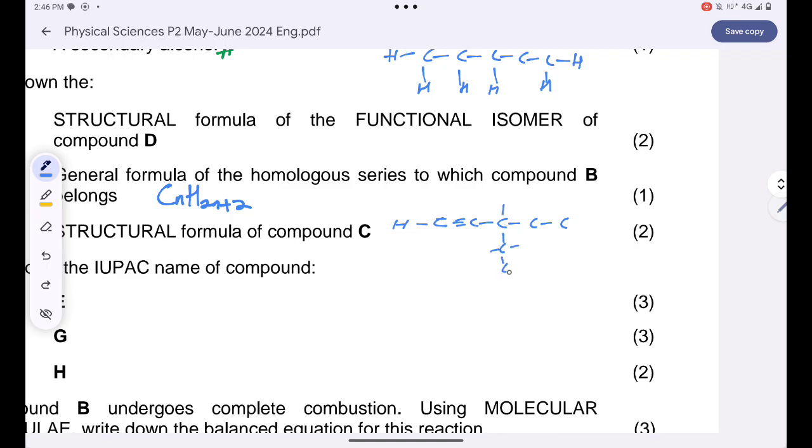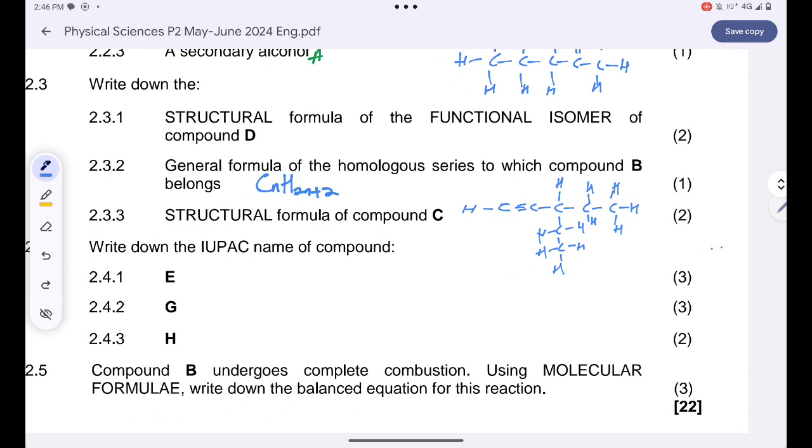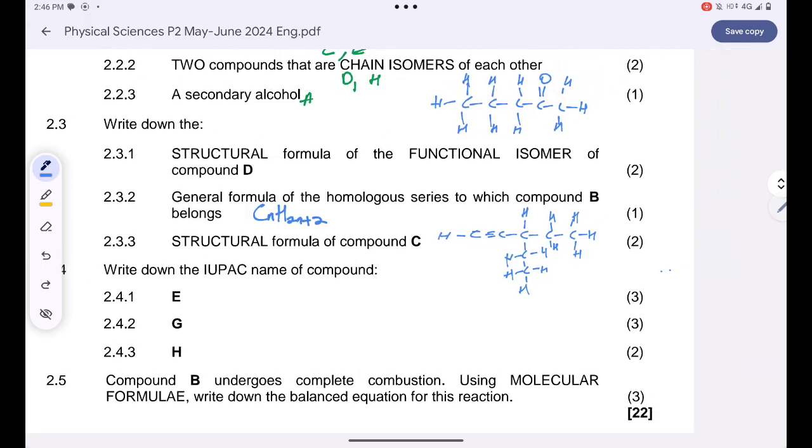And then on carbon number 3, I have my ethyl group over there, like this. And then I have my other hydrogens over there. So this structure will represent 3-ethylpent-1-yne.